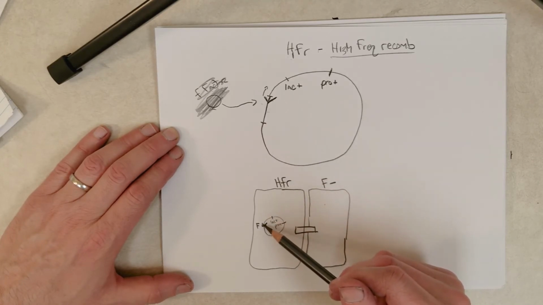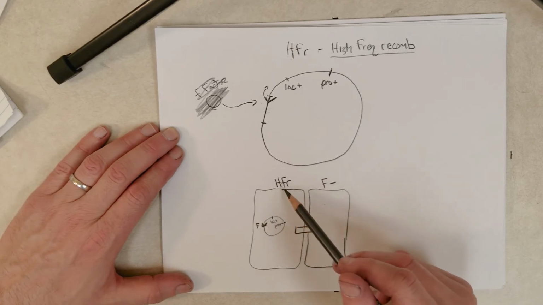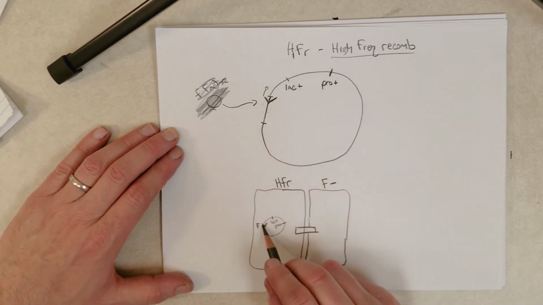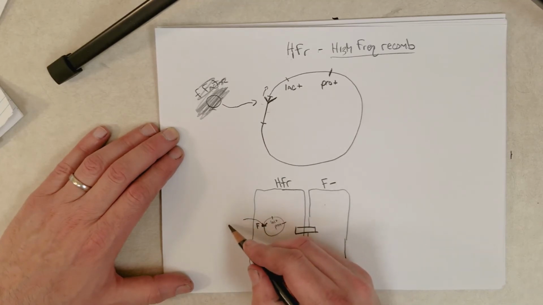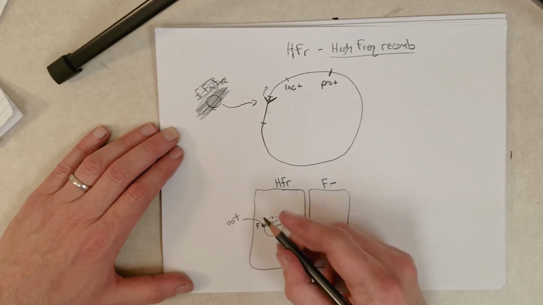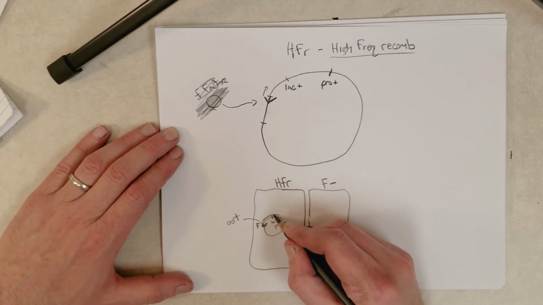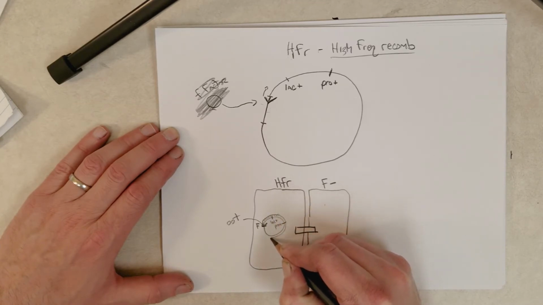Now, when the F factor mediates recombination between the Hfr and the F- strain, we still get the nick at the oriT in the F factor, and then when it starts being unwound, okay, I'll make this area double-stranded. I'll make the whole thing double-stranded for now.